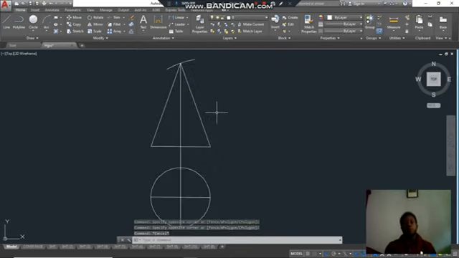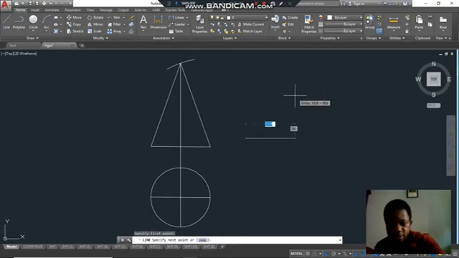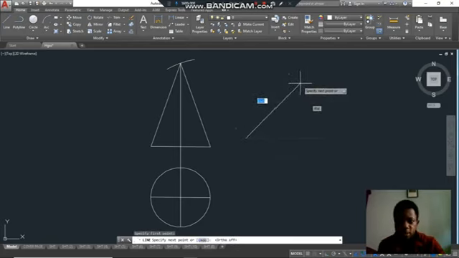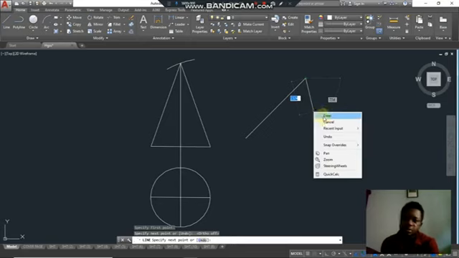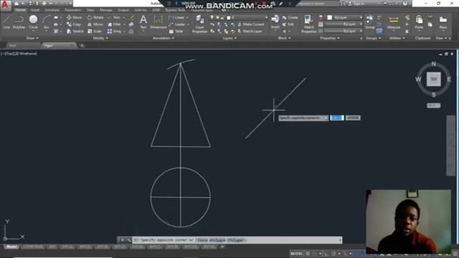Now we have a line at 45 degrees. Draw this line at 45 degrees like this, that cuts this at the middle. So I'm going to pick this line now that is at 45.